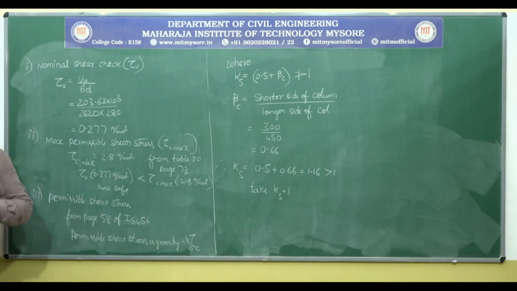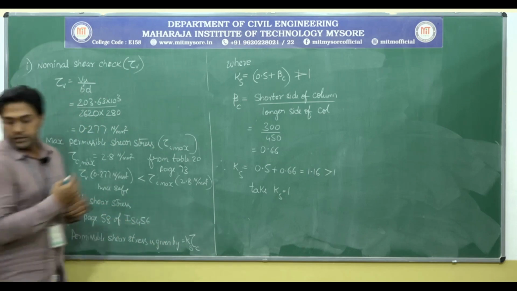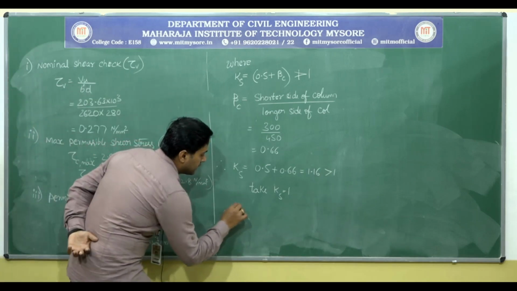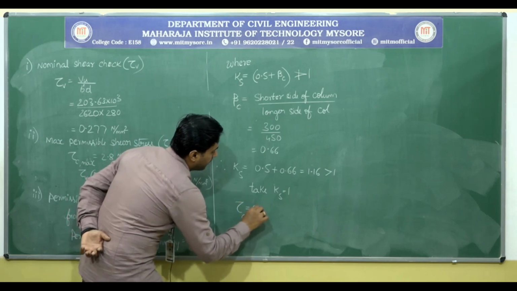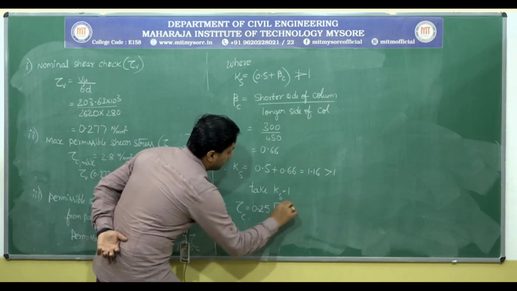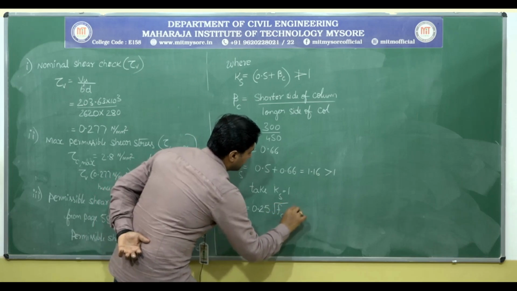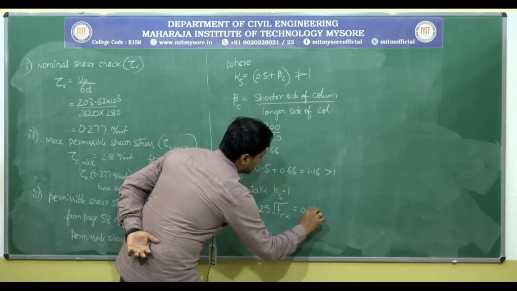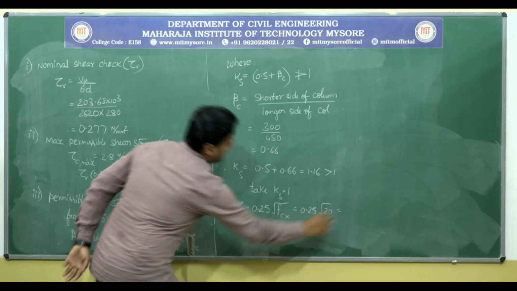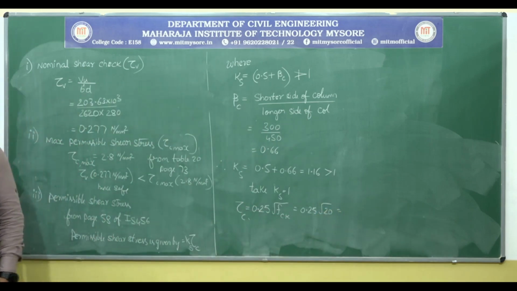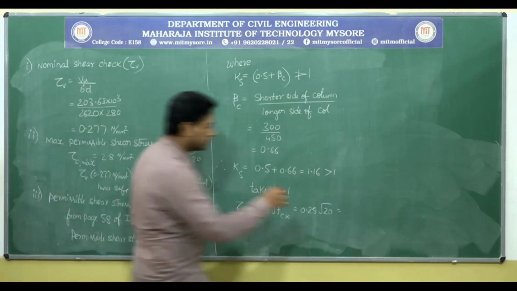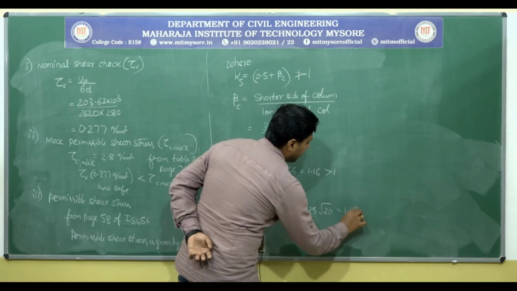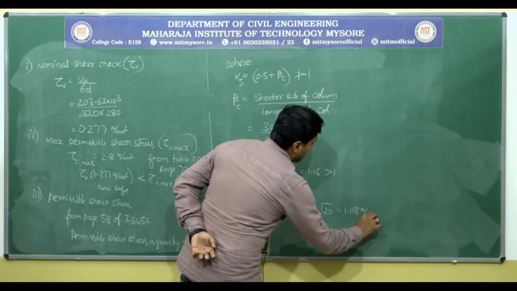Ks value I got. How to calculate the tau c value? We have a formula, tau c is equal to 0.25 times the square root of fck. So it's 0.25 times square root of 20. The value that we are getting here is 1.118 Newton per mm square.